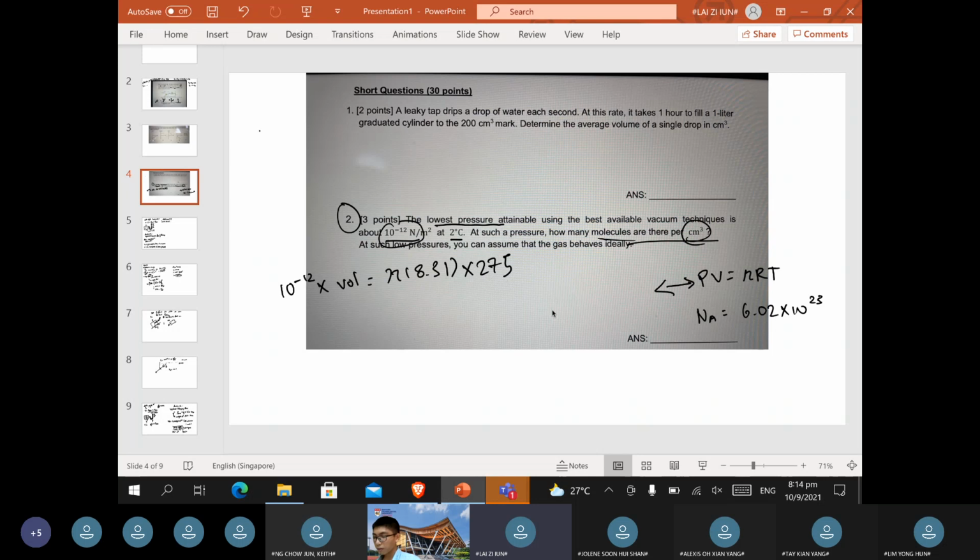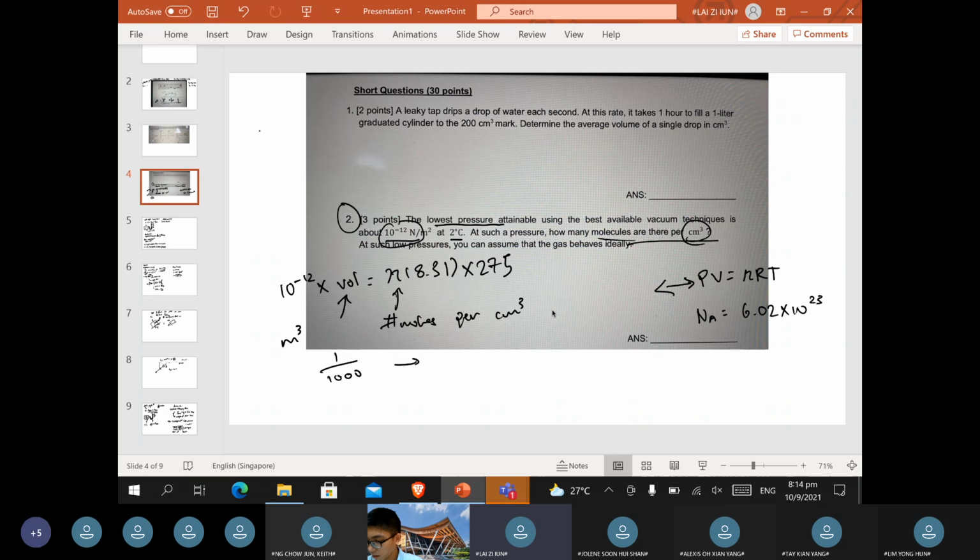So in order to find the number of moles per cm3, can we let this be 1? Recall that in our original formula, the unit of volume is meter cube. So if we want to find the number of moles per cm3, we need to let this be 1 over 1000.